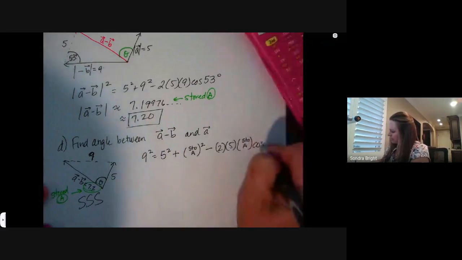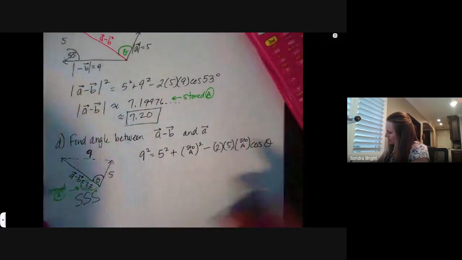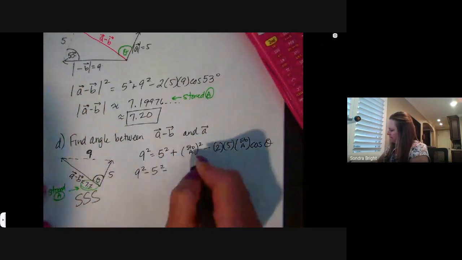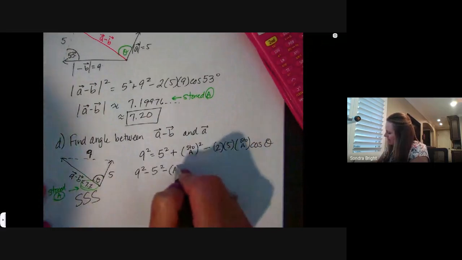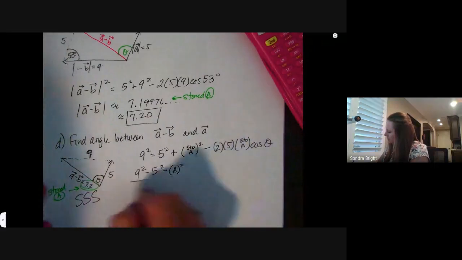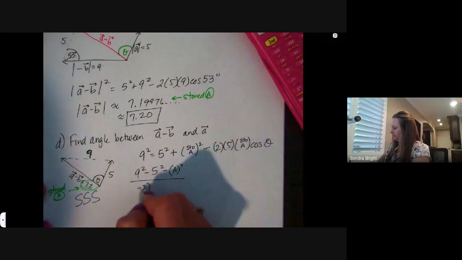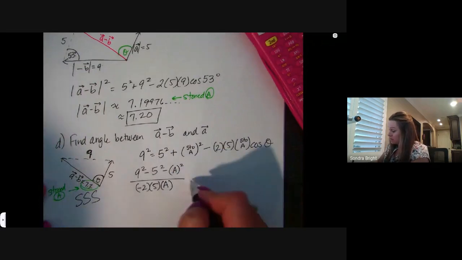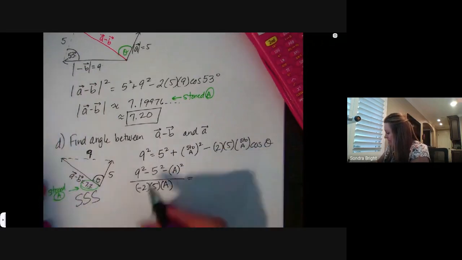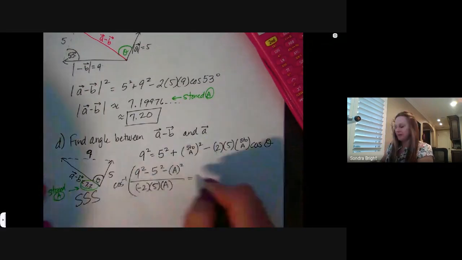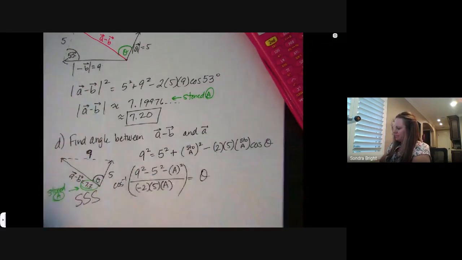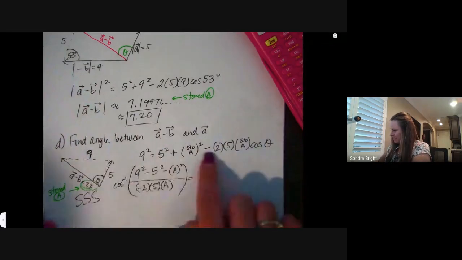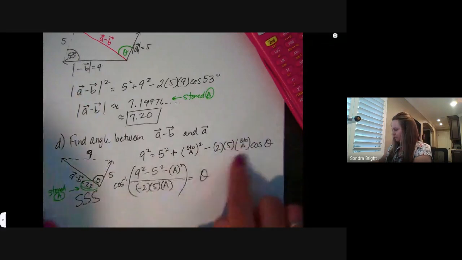Yeah. So then when I subtract all these over, it'll be 9 squared minus 5 squared minus, I'm just going to write A squared, right? And then divided by negative 2 times 5 times A. And then you'll take the inverse cosine of both sides, and that's what will equal theta. Yes, I know that. I did it slower on the last one, but subtract, subtract, divide, and then inverse cosine of the whole thing.